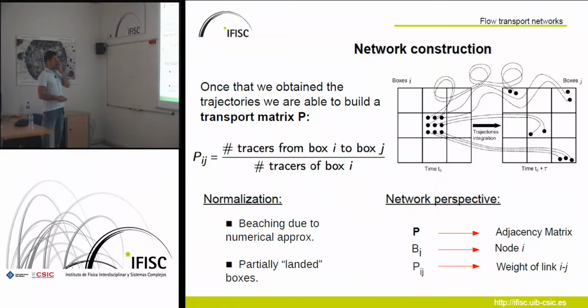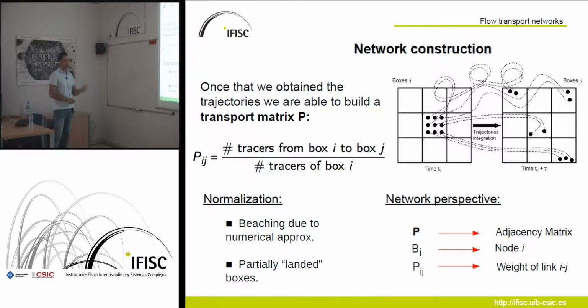After this, we have all the information to define our networks. What we do is construct a transport matrix, P, defined in this way: each element ij is proportional to the number of tracers that moved from box i, from node i, to node j. In doing this, we have to be careful.